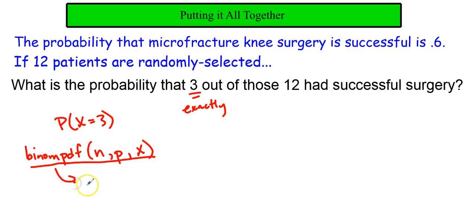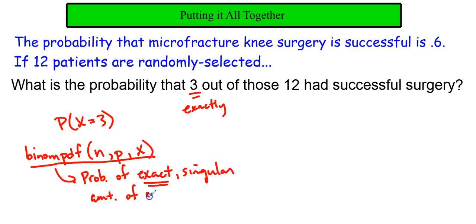It is binom PDF because we want to know the probability of an exact, singular amount of successes. So we use the PDF function in order to calculate the probability of an exact singular amount of successes. So let's check this out. Remember, we want 3 successes out of 12 trials, and the probability of success is 0.6.